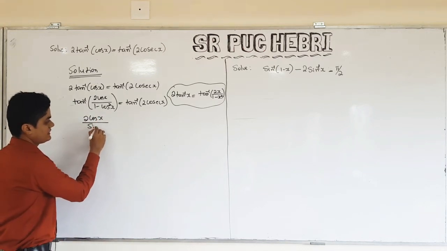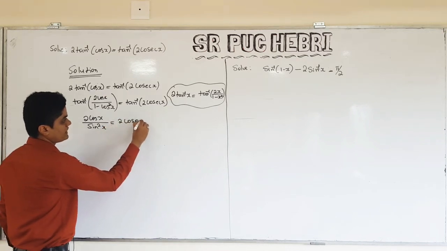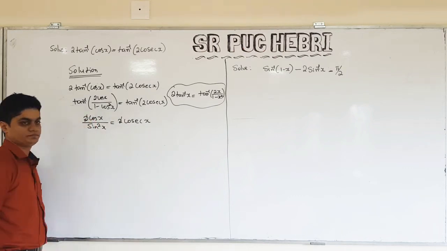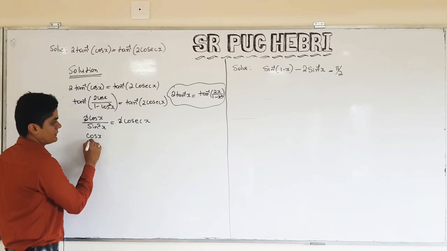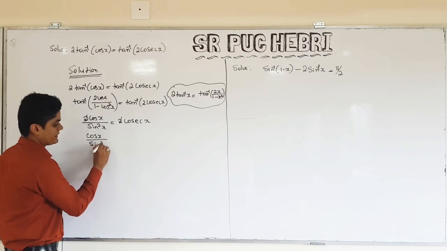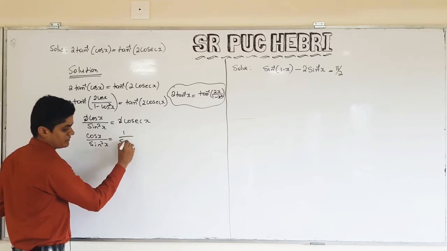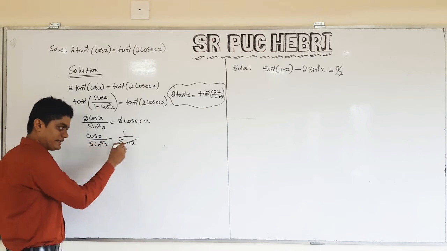Yeah, sin square x, is equal to 2 cosecant x, right? Now the 2 cancels. Cos x by sin square x is equal to, what is cosecant x? 1 by sin x, right? So one sin x cancels.